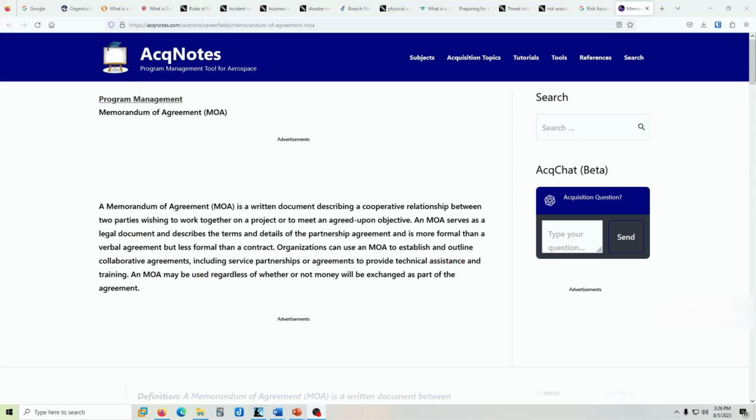An MOA serves as a legal document and describes the terms and details of the partnership agreement and is more formal than a verbal agreement, but less formal than a contract. Organizations can use an MOA to establish and outline collaborative agreements, including service partnerships or agreements to provide technical assistance and training. An MOA may be used regardless of whether or not money will be exchanged as part of the agreement.